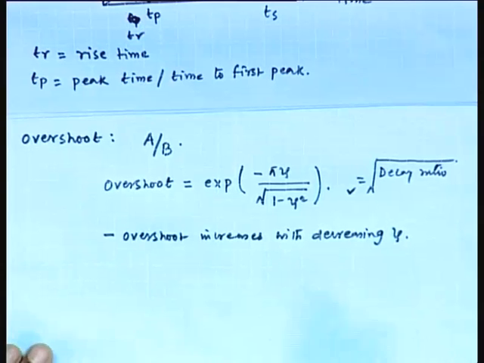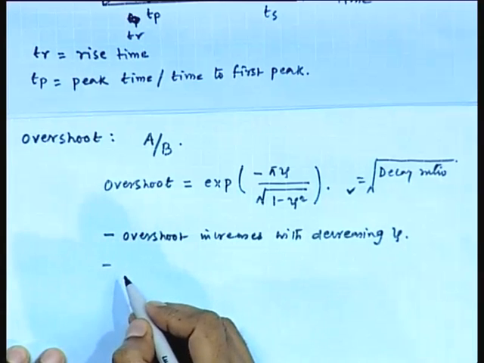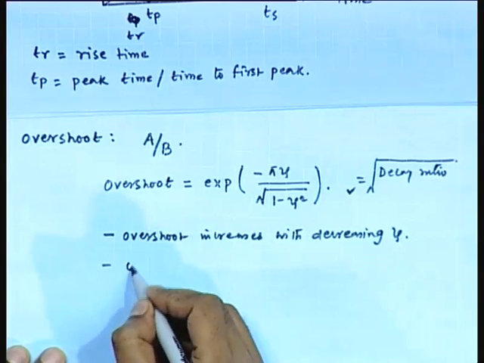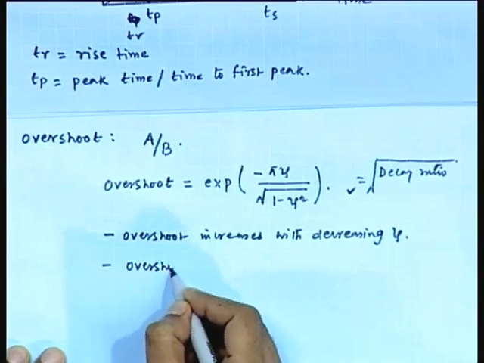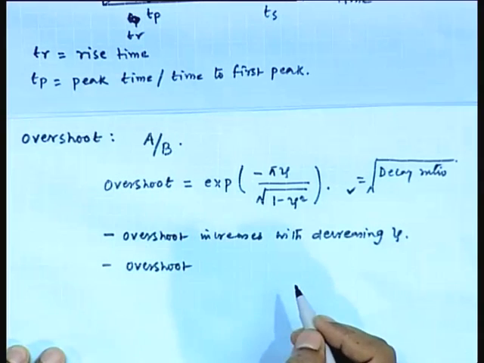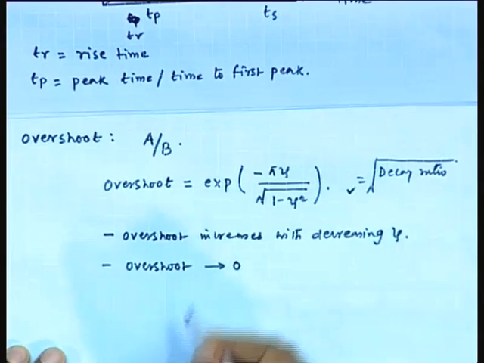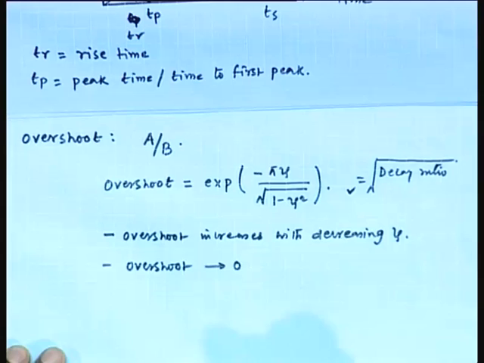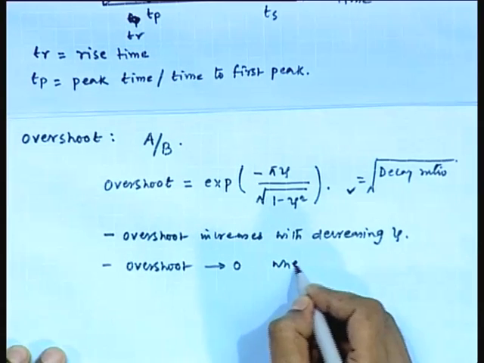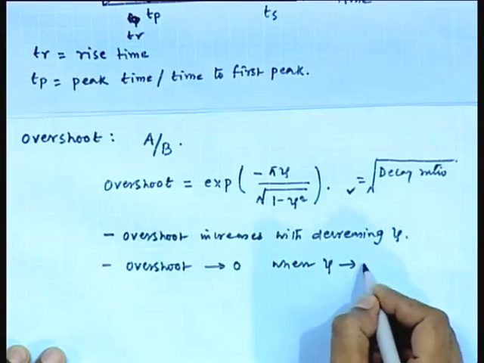Fine. What happens when zeta becomes 1? There is no overshoot. Fine. So, overshoot approaches 0 when zeta approaches 1.